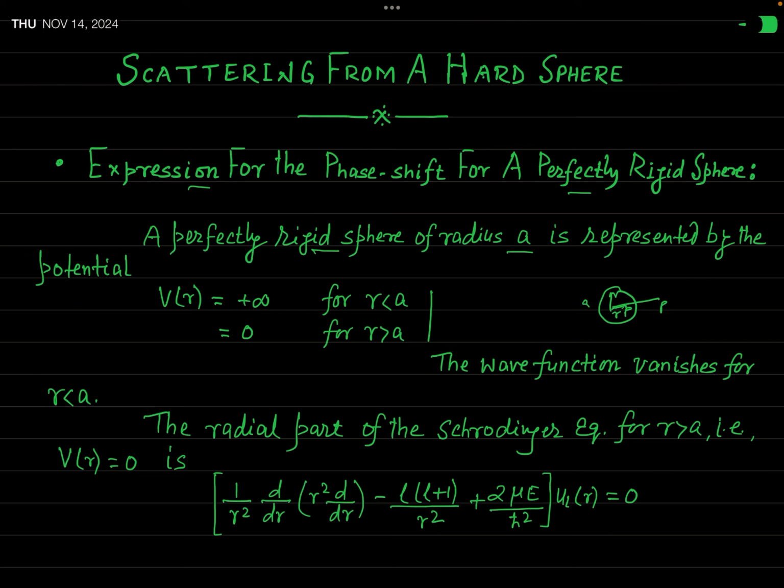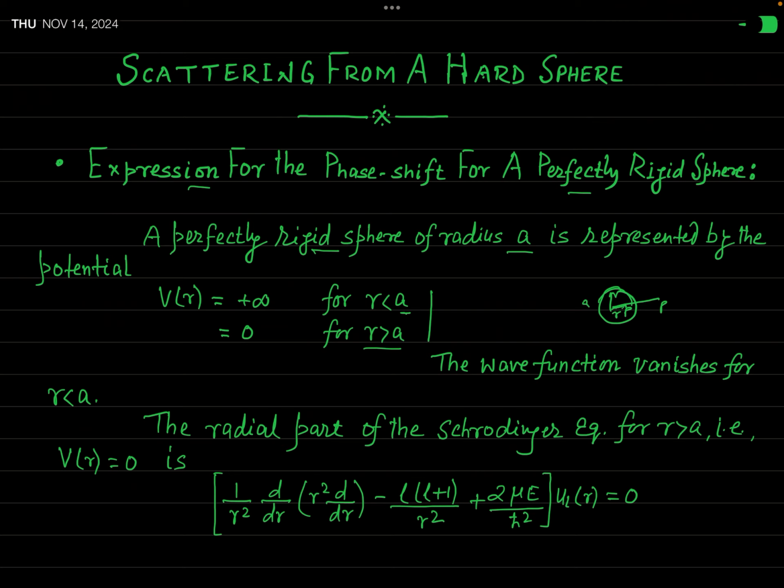So the potential is infinity when you talk about a point inside the sphere, that is r less than a, and this potential abruptly falls to zero when we talk about the region where r is greater than a.